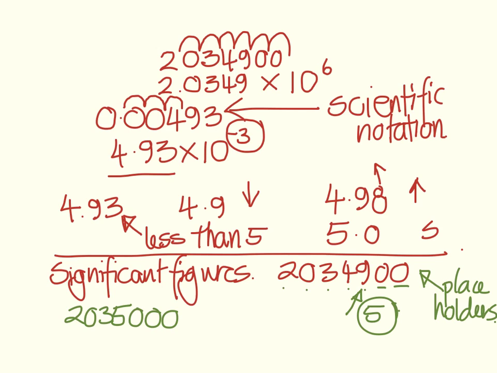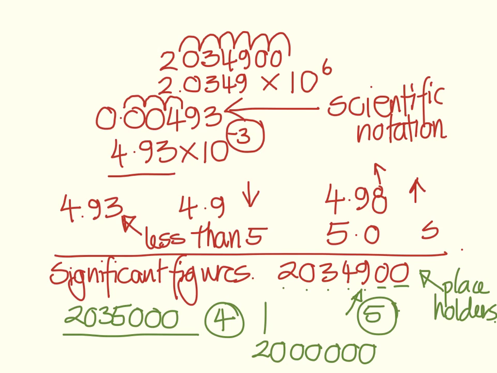Okay, and that would be to 4 significant figures. If we were to round it to 2 significant figures, just taking a jump there, it would be 2000, and then 3 more. So these two are the significant ones, and these ones are the placeholders.